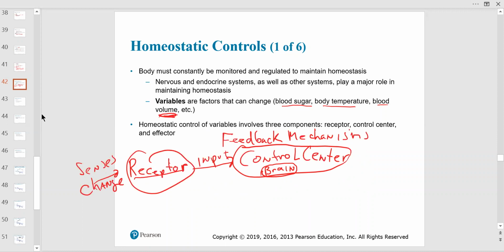So that's the control center, which sends an output to something that's going to make the change, like an organ or a muscle. So this could be a muscle, a gland, or another organ. And muscle could be any muscle, mostly cardiac muscle, right? But it could be smooth muscle in blood vessels, glands to release water through sweat, and organs that are also part of the hormonal system, the endocrine system.